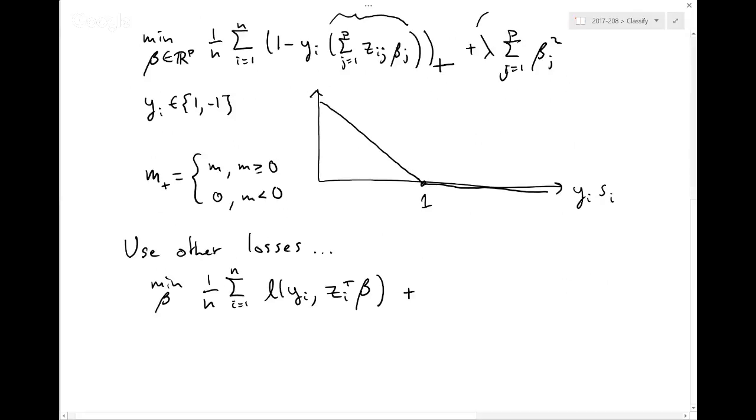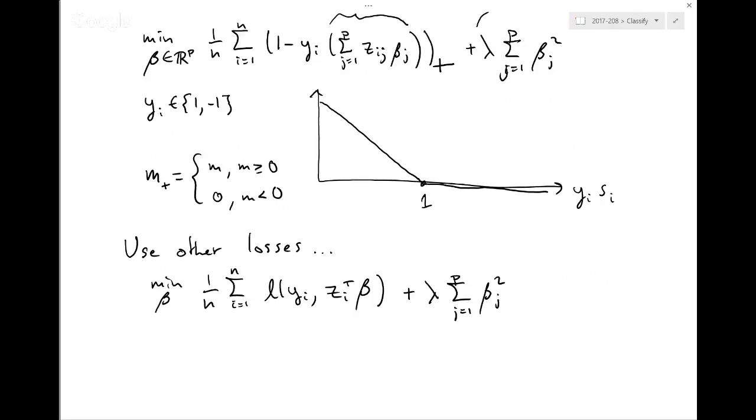Then we add in the same penalty, which we call a ridge type penalty, which has the effect of making the optimization a bit more stable.